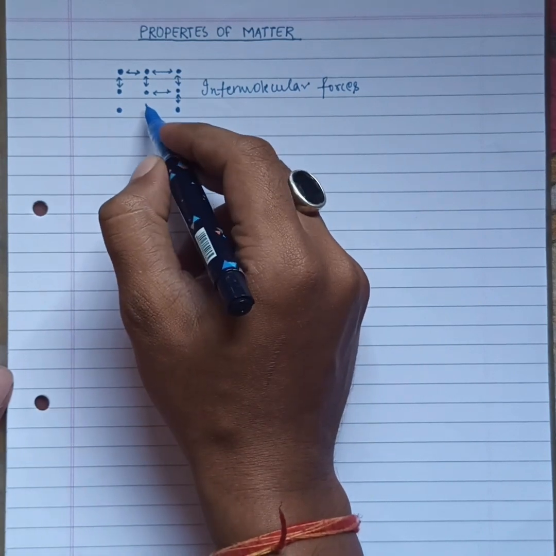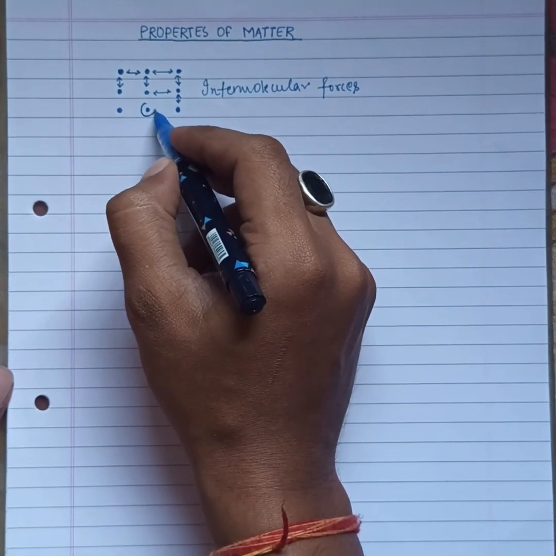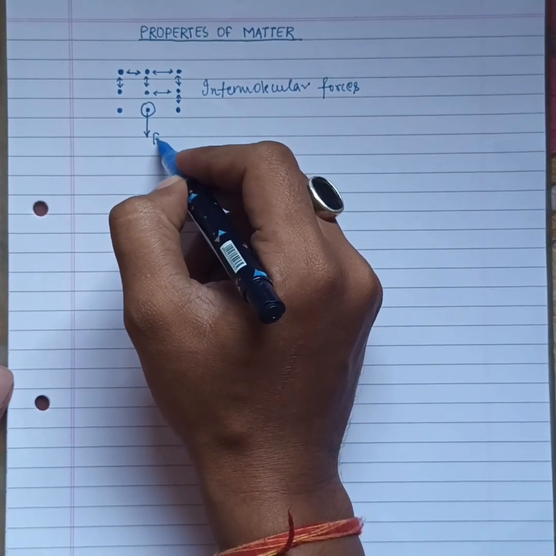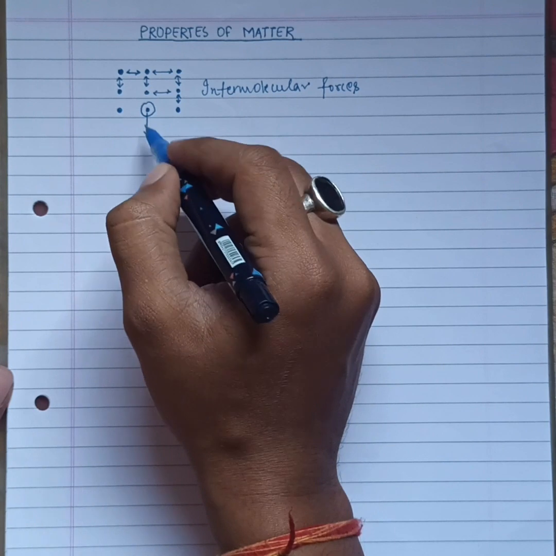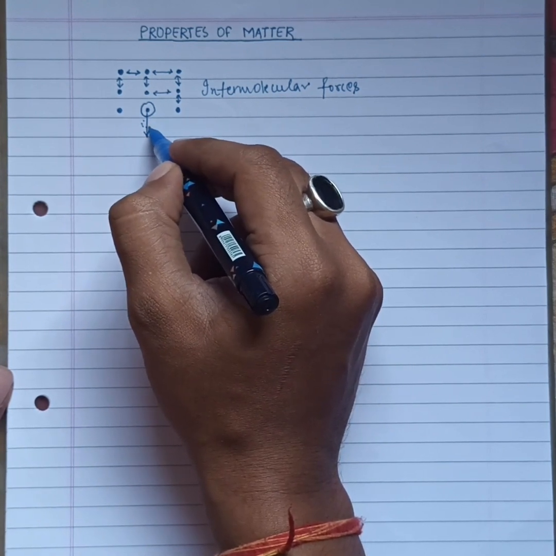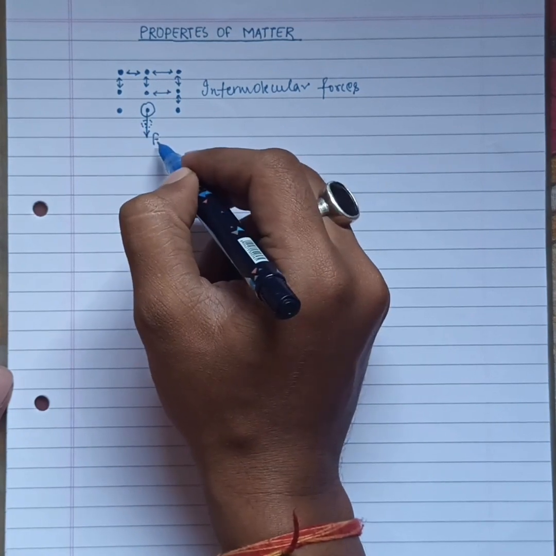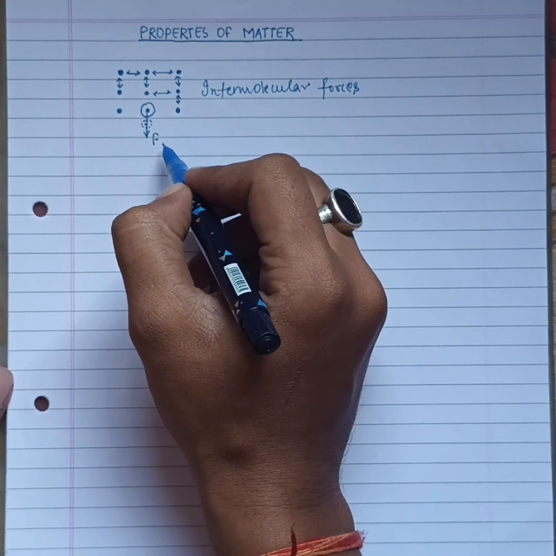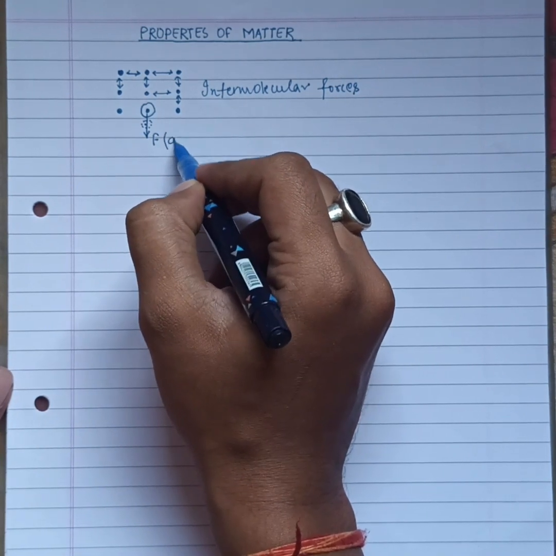Suppose we apply a force on one of the molecules. Let us consider we have applied F amount of force on this molecule, due to which the molecule displaces from its original position and gets into a new position. This force which we are applying externally is known as the applied force.